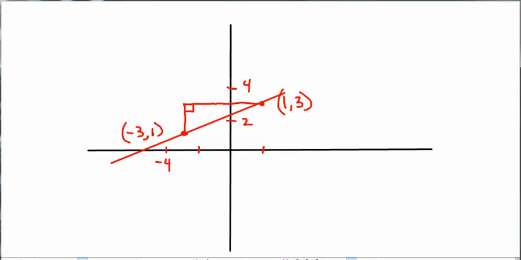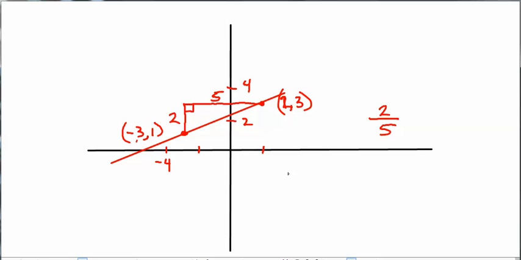You're going from 1 to 3, so you're rising 2. Now you're running from -3 to 2, so that's 5 units. So you're rising 2 and you're running 5. So your slope is 2/5.